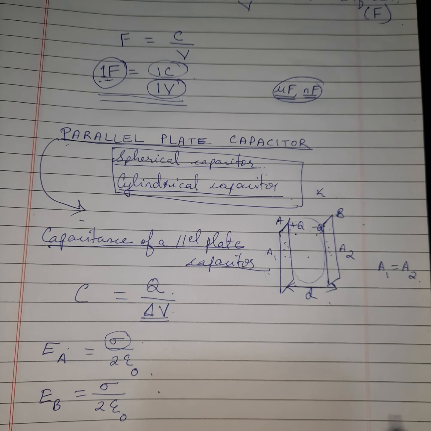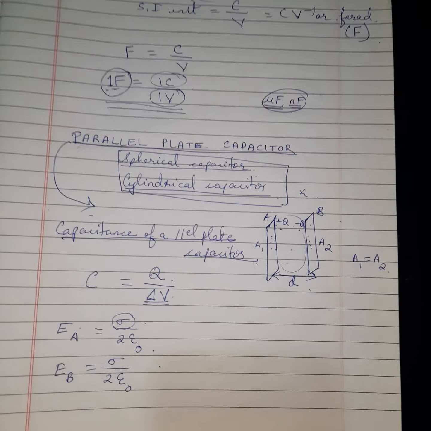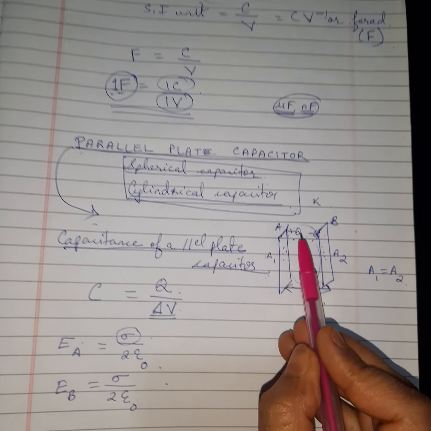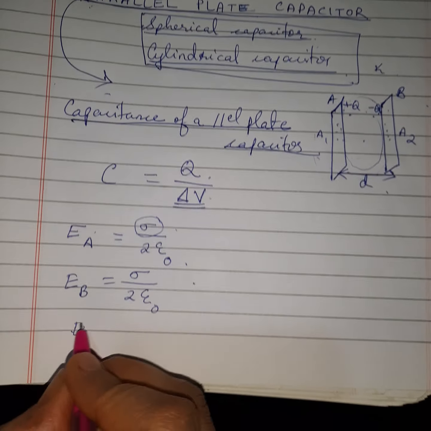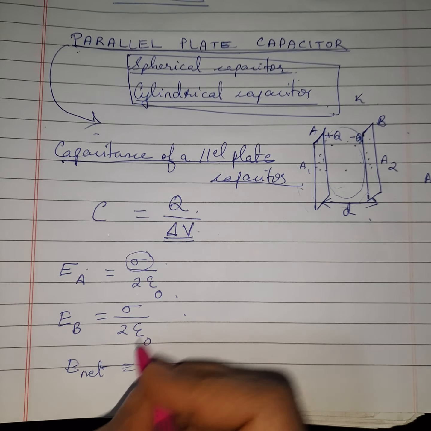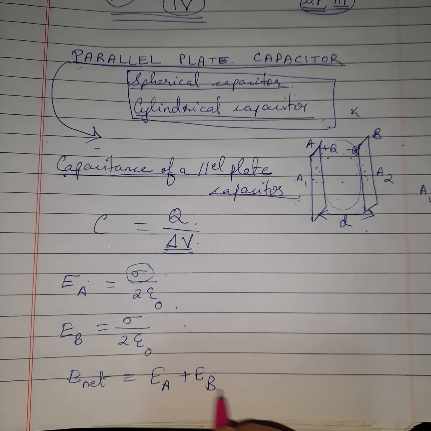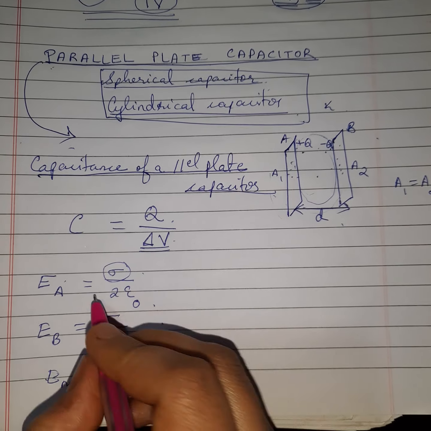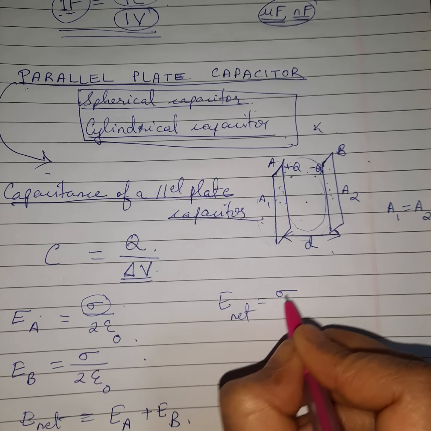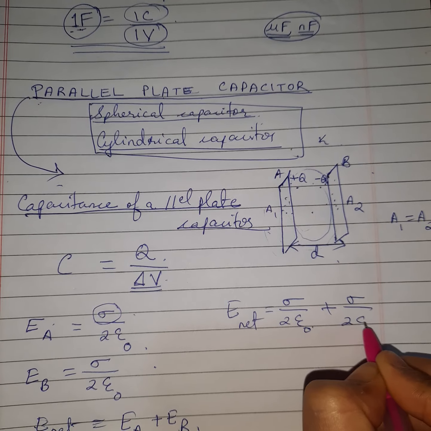Now, in between the plates, what will be the net electric field? It is given by E net in between the plates. It is because of plate A and plate B, so we are just going to add up EA and EB. E net will be equal to sigma by 2 epsilon naught plus again sigma by 2 epsilon naught.